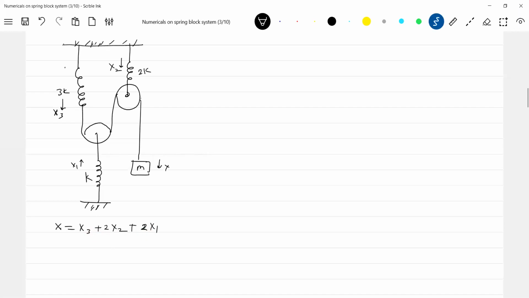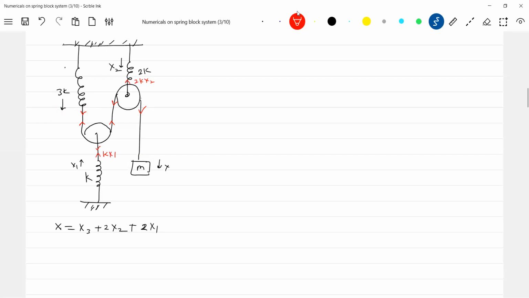Then let's go for equating spring forces. Here 3k x3. Here 2k x2. Kx1. So therefore, now what can we write here? How much spring force should act here?